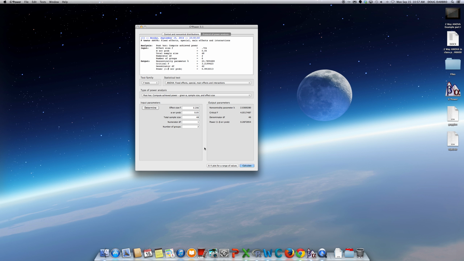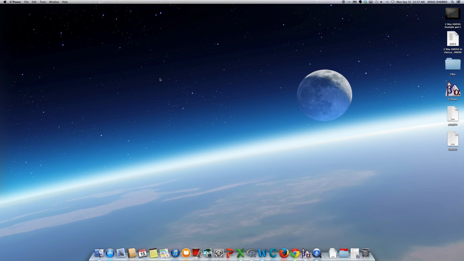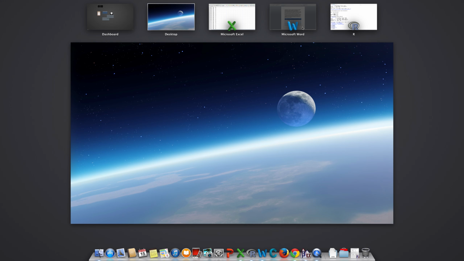And in this case, we only had 0.28 power. So it doesn't appear that we had enough power, but guys, what we're most interested in here is the power for the interaction effect. So let's get out of here and go write up some stuff.